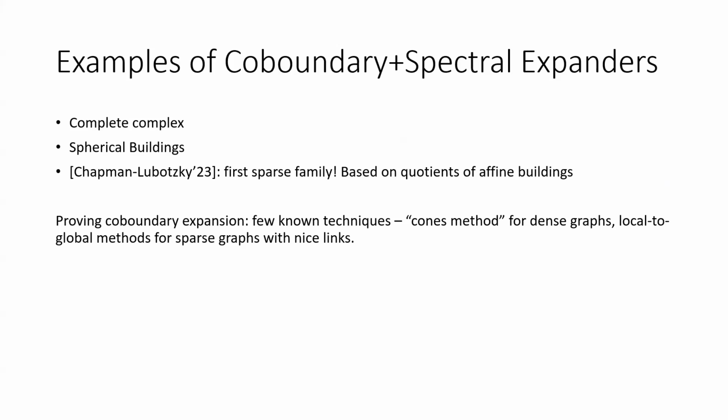You can show that the propagation algorithm is sufficient to find the solution. And for sparse graphs, we have so-called local-to-global methods that work to show that they are coboundary expanders when they have a nice structure in the links. Okay, so this talk is not going to be about proving coboundary expansion.